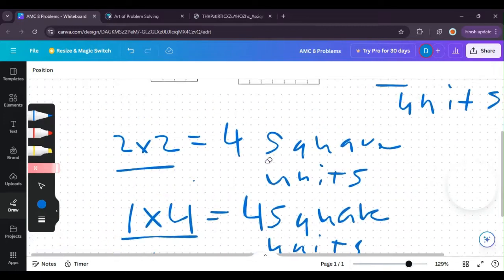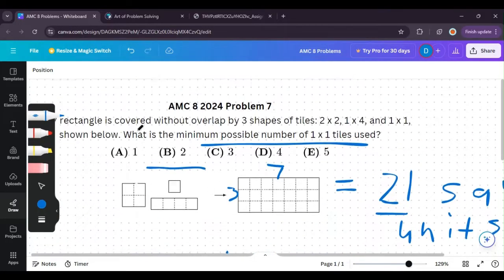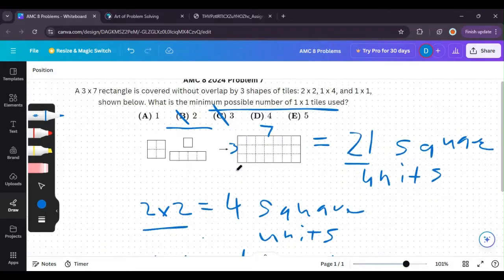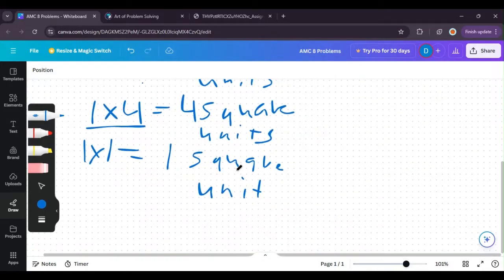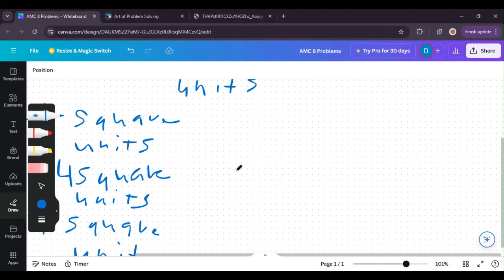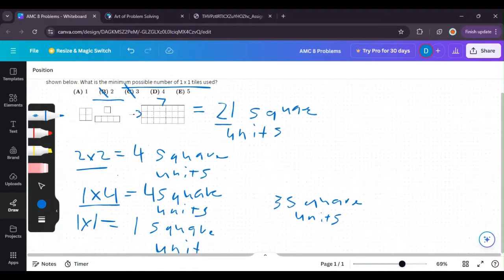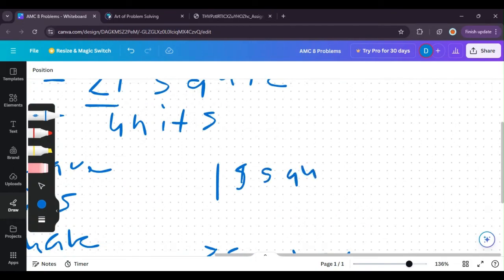So we can cross out B. We also know that C doesn't work, for the same reason. If there are 3 1x1s, they cover a total of 3 square units, and that means there are 21 minus 3, which is 18 square units left to cover.